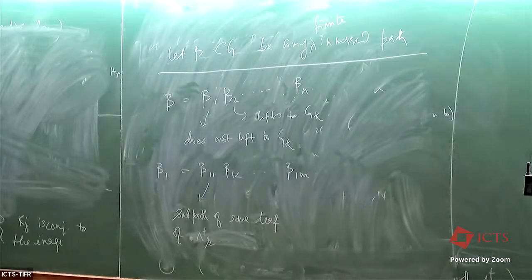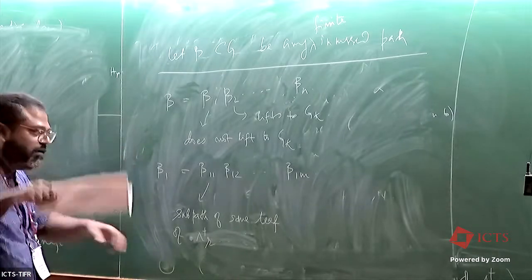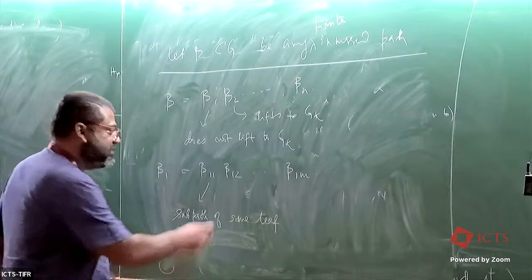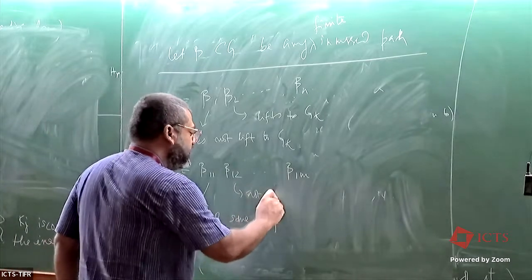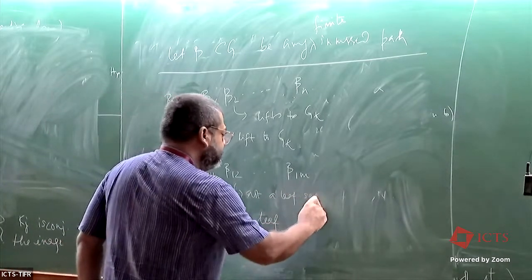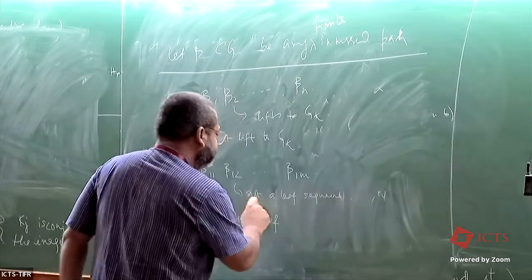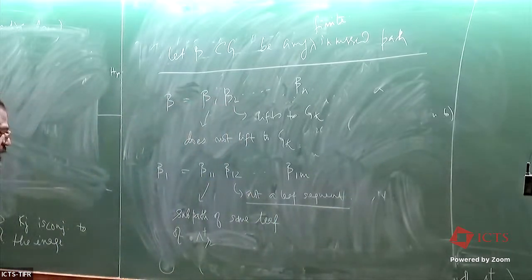Every element of lambda plus is called a leaf because it's a line, and you want this to be a subpath. So this is not a leaf segment.